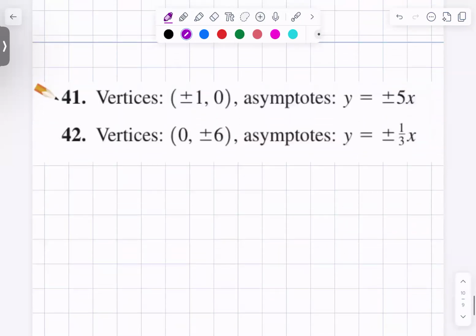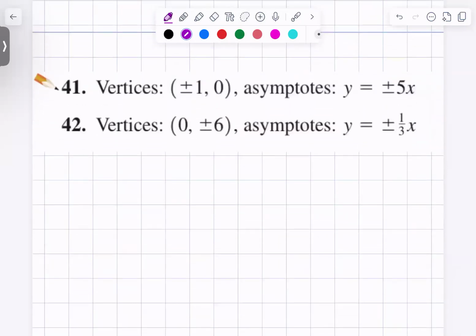This one, you're given your asymptotes, the equation of the asymptote, and vertices, right? Asymptote rise over run x, right? So since your vertices for number 41 are plus or minus 1, comma 0, horizontal or vertical?